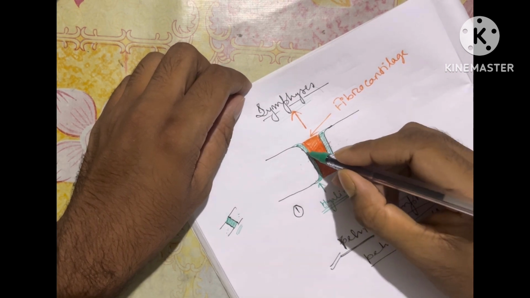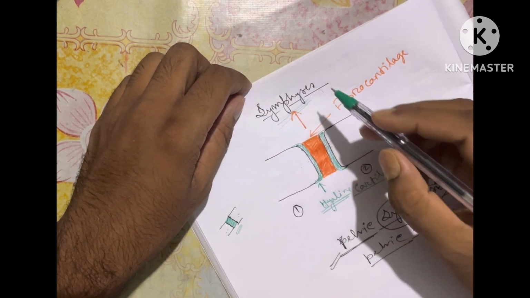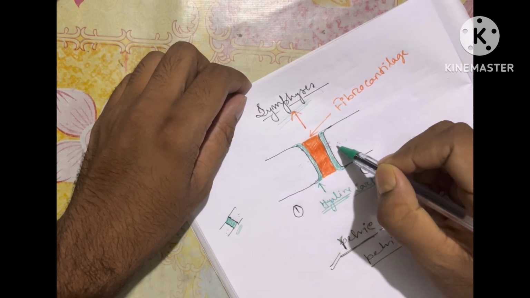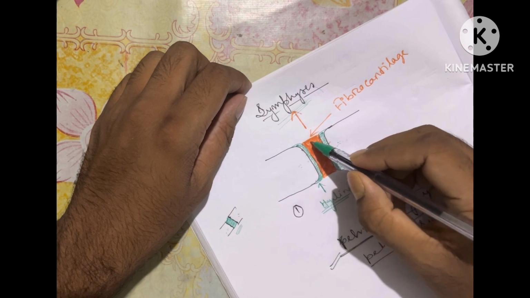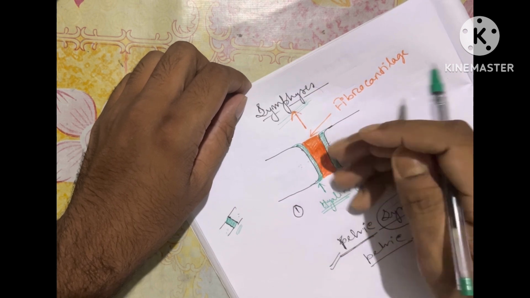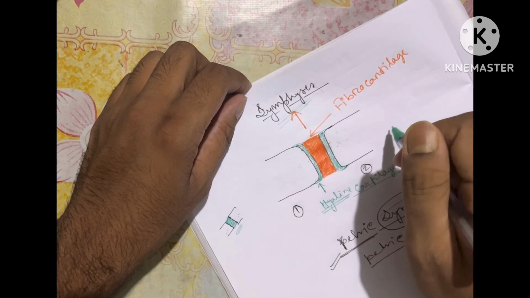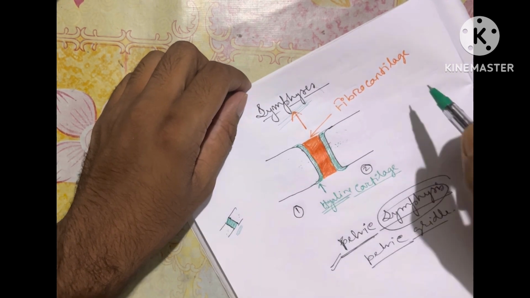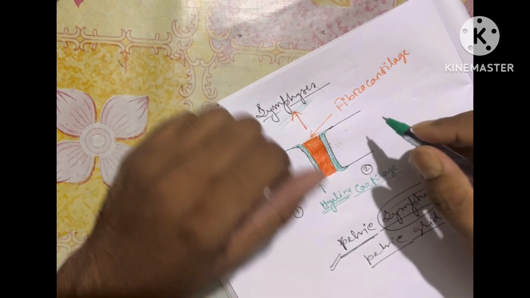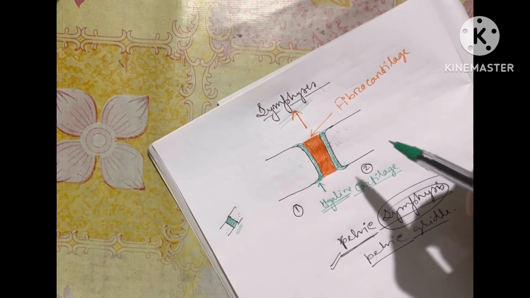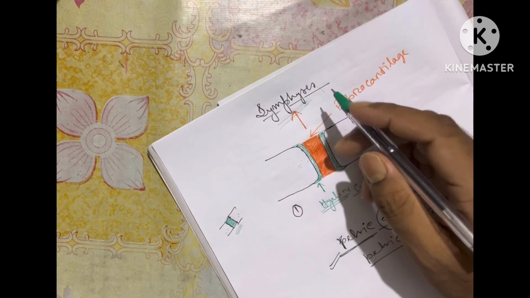So in symphysis, the hyaline cartilage will first cover both ends of the articulating bones, then the fibrocartilage will come and take its place in between both articulating bones, which are covered by hyaline cartilage.